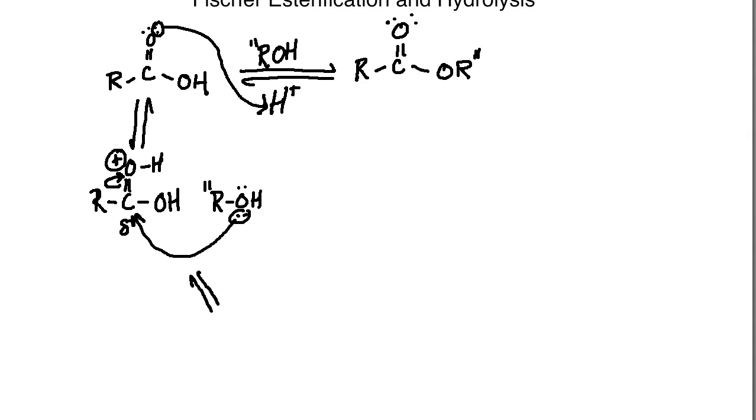So reversible step, we now have the R C. Now this has become an OH at the top here. Okay, and we have an ORH. This has the positive charge on it right there. And then we still have an OH here.